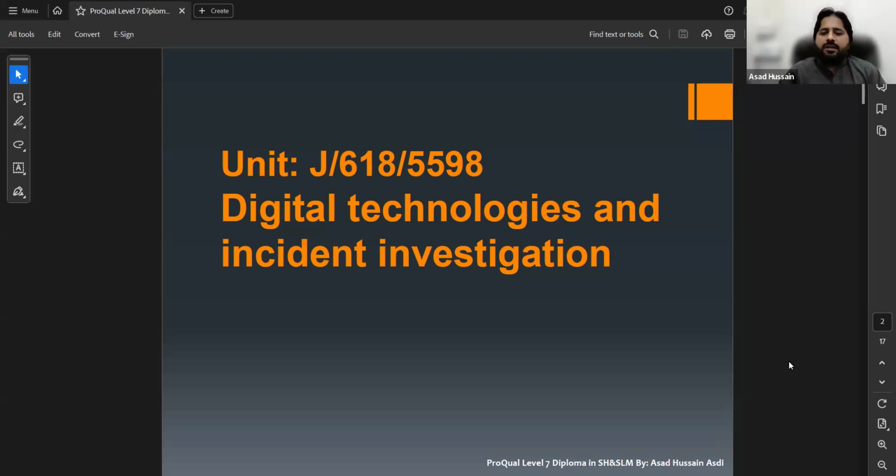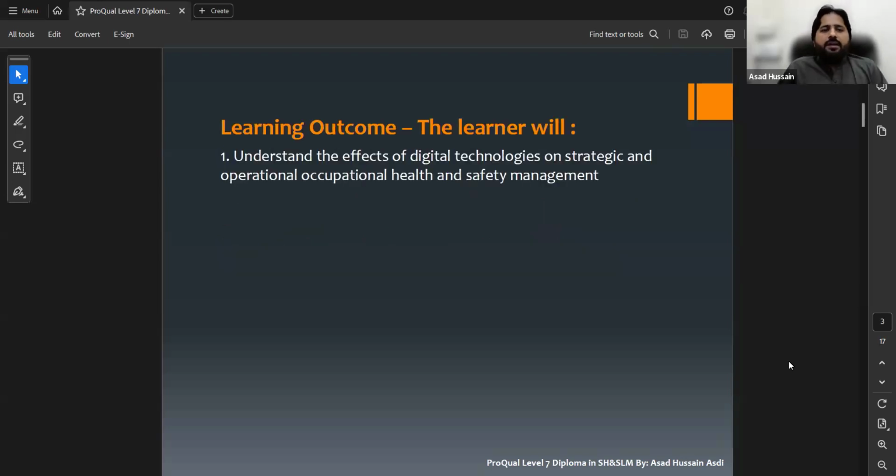each learning outcome. Moving forward, the first learning outcome is: the learner will understand the effects of digital technologies on strategic and operational occupational health and safety management. As you know very well, this level 7 diploma is all about strategic health and safety leadership and management. So the first learning outcome is showing the same.